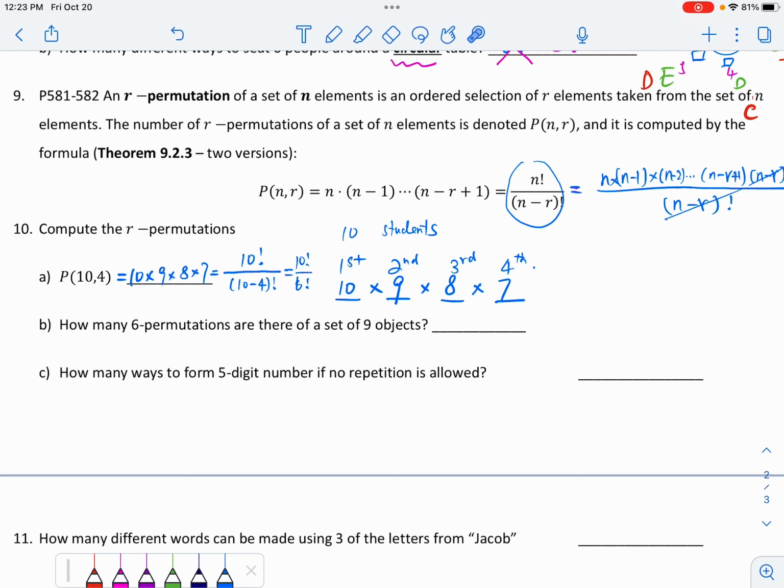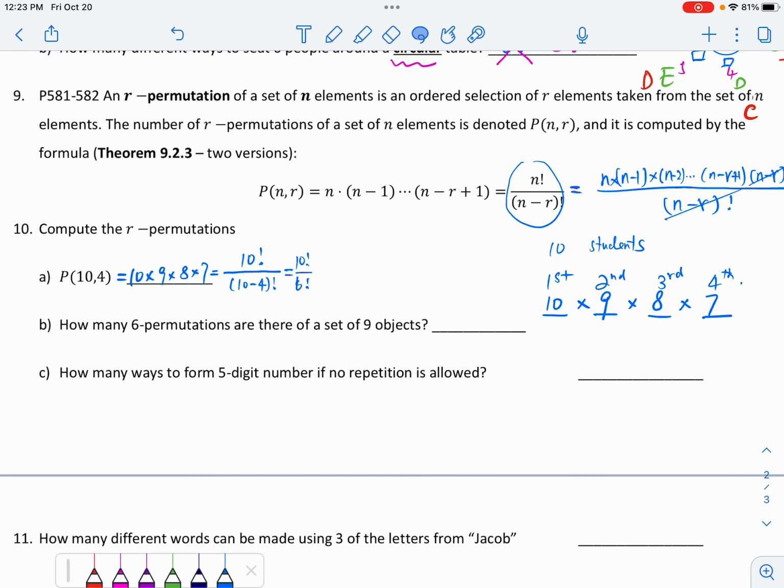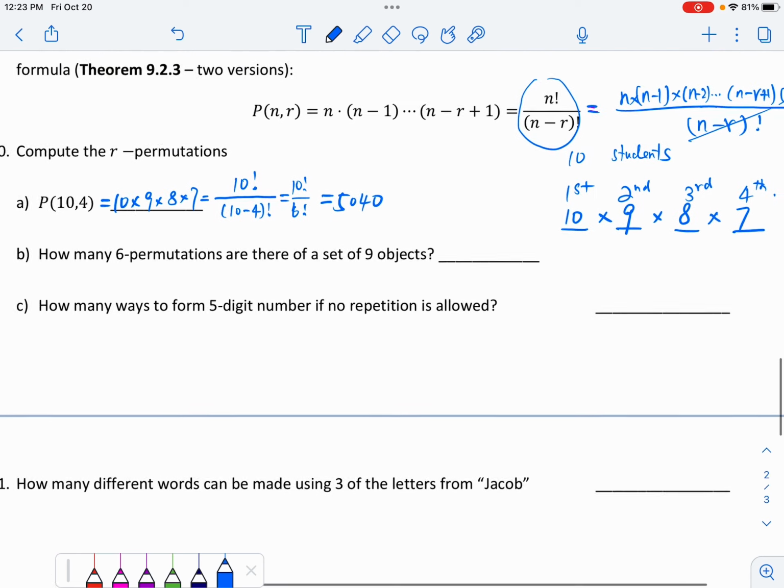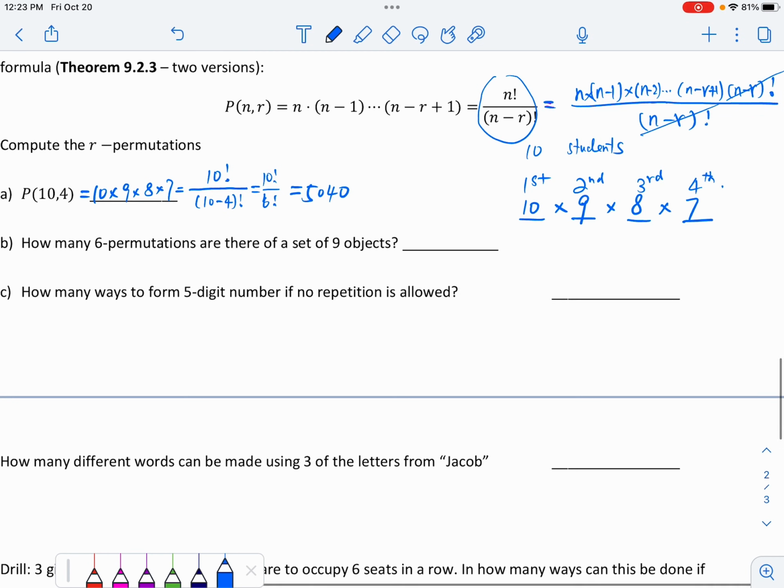Okay, so that's the first one. I'm going to move this to the side. And this turns out to be 5040 if you do it on your calculator. Next: how many 6-permutations are there of a set of 9 objects?